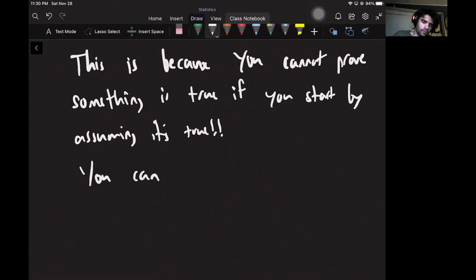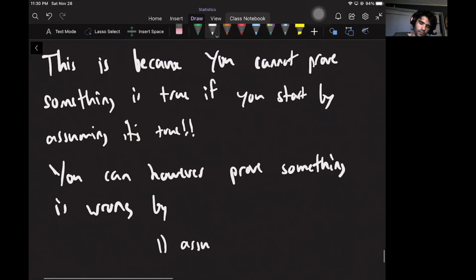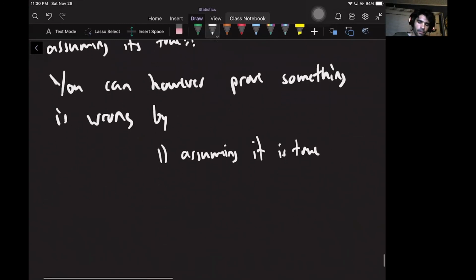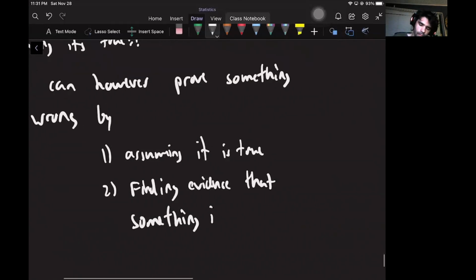You can, however, and this is the interesting thing, prove something is wrong by doing this, by first assuming it is true and then finding evidence that something like impossible or crazy happens as a result of it being true.